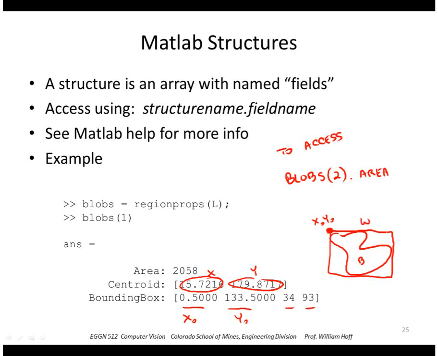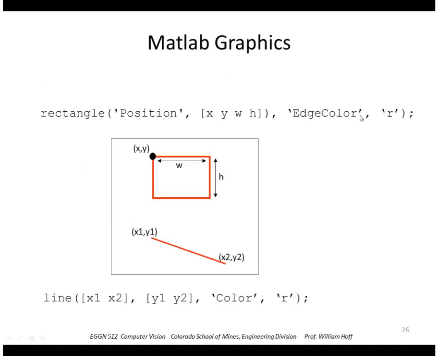A word about graphics in MATLAB. You can draw a rectangle on an image that's already been displayed using this function called rectangle. You say Position, and then you give these four elements, which, just like the output of the bounding box, are the location of the upper left-hand corner and the width and the height.